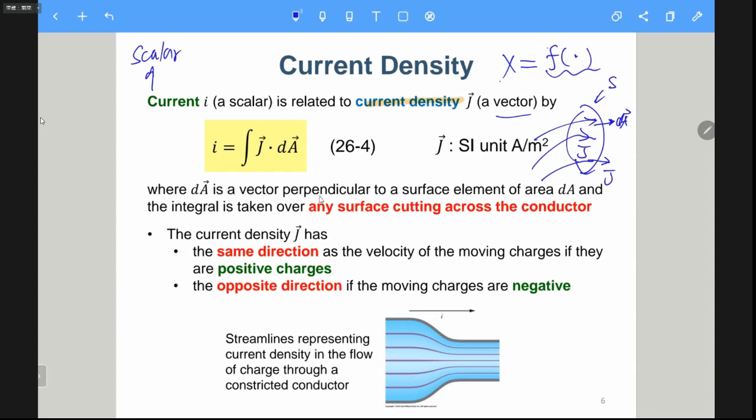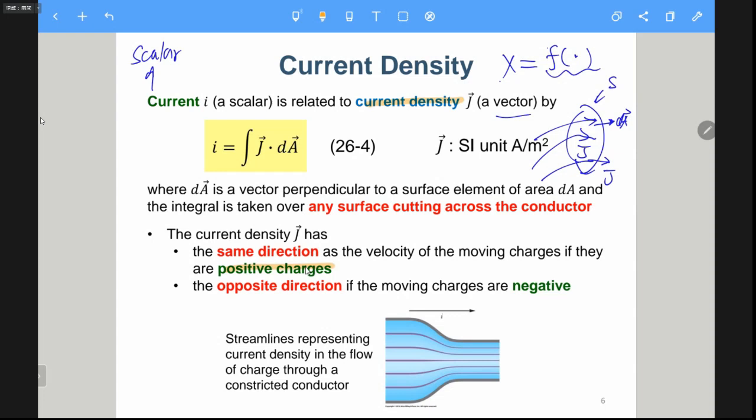So dA is the vector perpendicular to the surface element of area dA, and the integral is taken over any surface cutting across the conductor. The current density J has the same direction as the velocity of the moving charge if they are positive charge. So this is the point: at that time, the scientists had not discovered the electron yet, so they defined the current assuming the moving particle is positive charge.